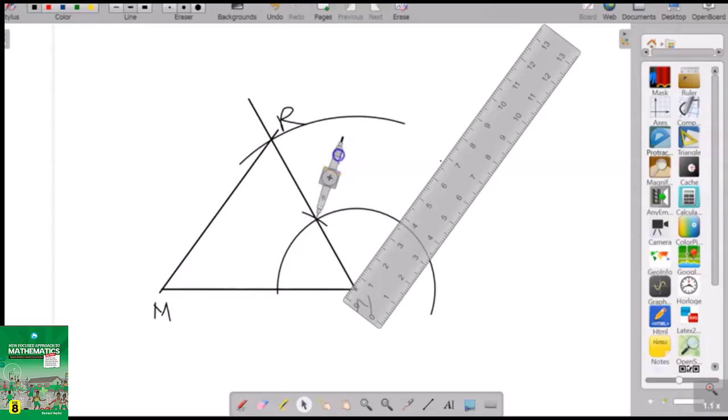Then we open to a convenient radius and construct an arc. With the same radius, put the compass pin here. Okay, and then you are going to construct another arc to intersect the first one. Now with the help of our ruler, we can join them together.